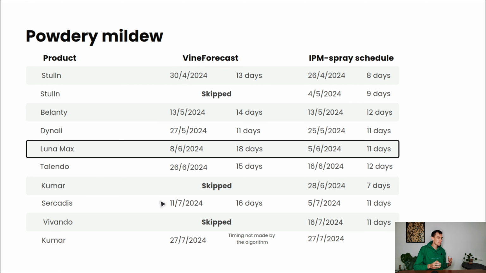As you can remember, that's the second week of June. We had this slow growth in this period, and Luna Max is again a systemic fungicide. These two things together were the reason why we could have a spray interval of 18 days, which was 7 days longer than in the IPM trial.